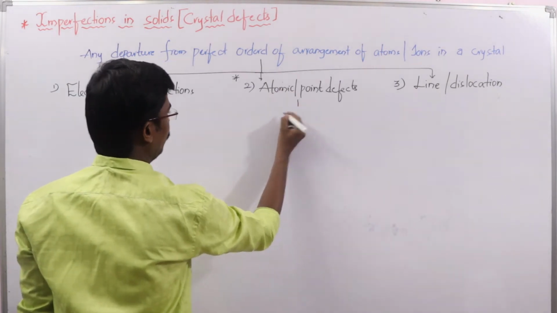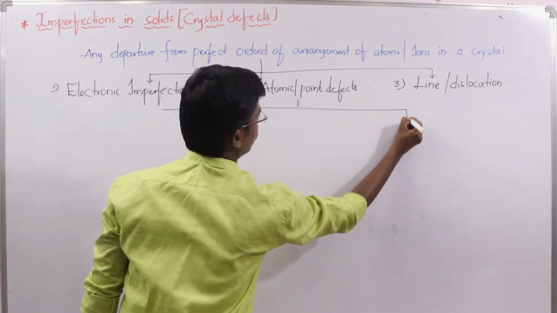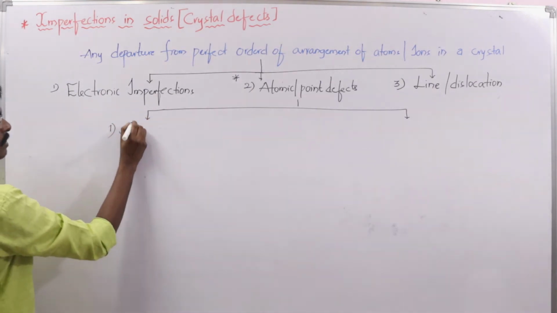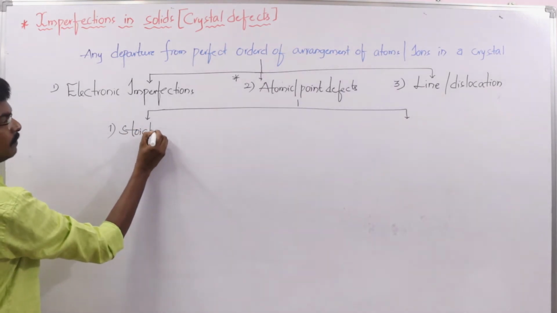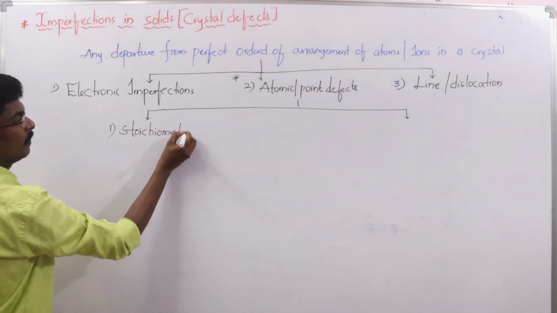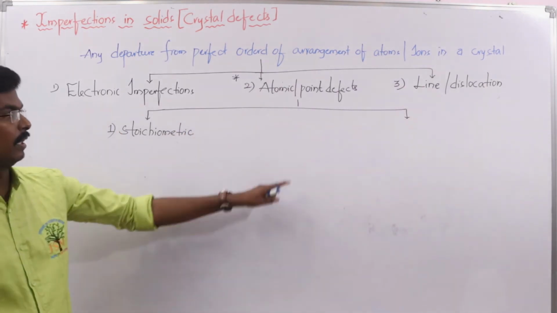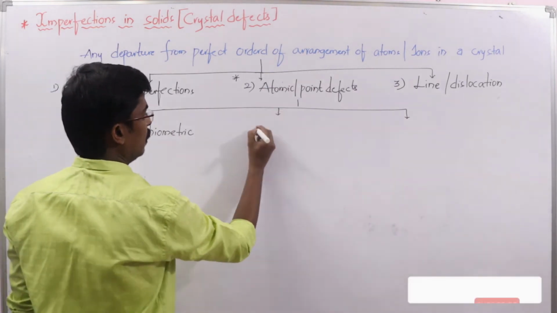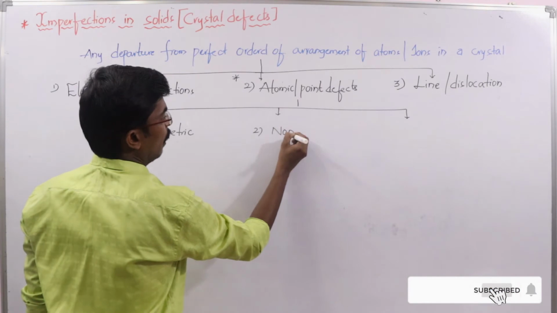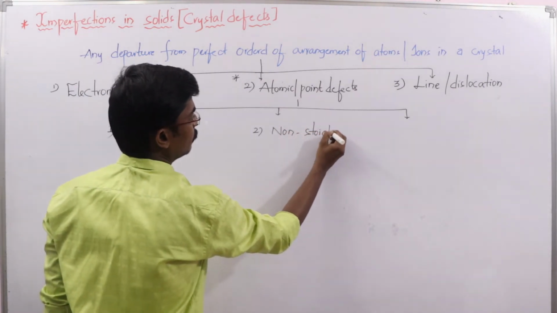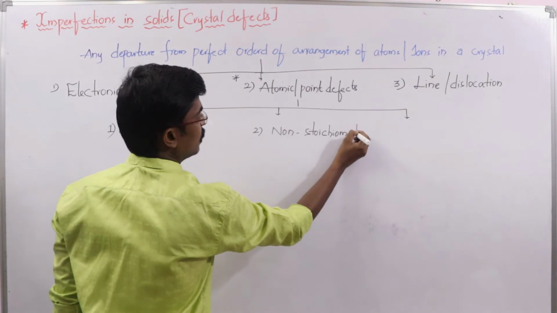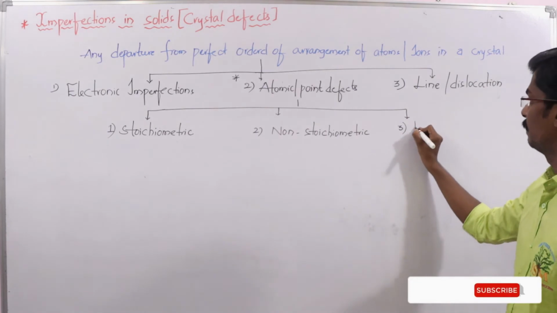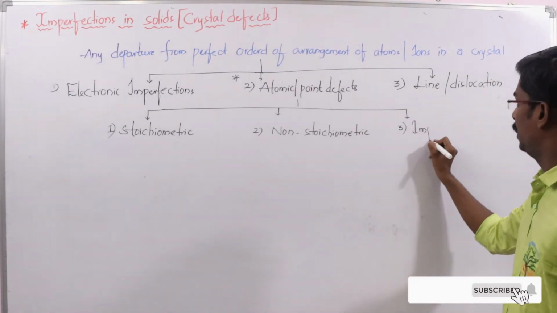These atomic or point defects are again of three types: stoichiometric defects, non-stoichiometric defects, and impurity defects.